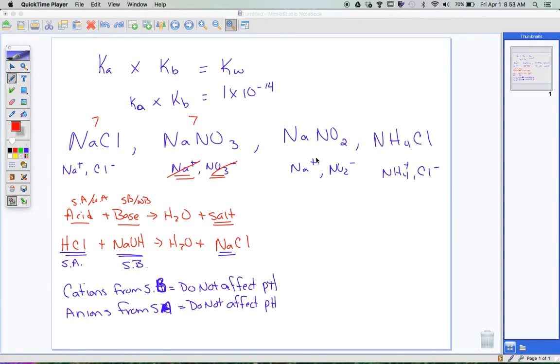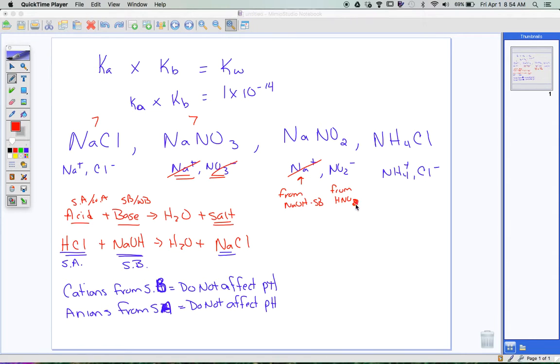All right, but now let's look at NaNO2. If we think about it, the Na plus came from NaOH, which is a strong base, so the conjugate acid Na plus is not going to affect the pH. But what about the NO2 minus? It came from HNO2.